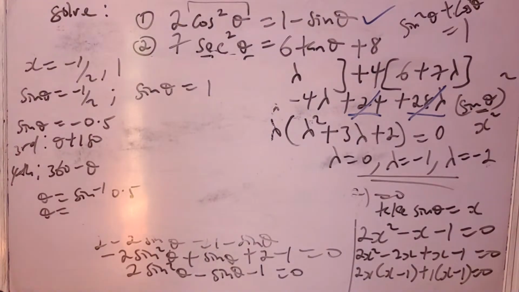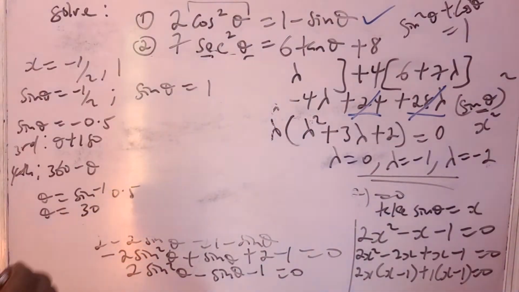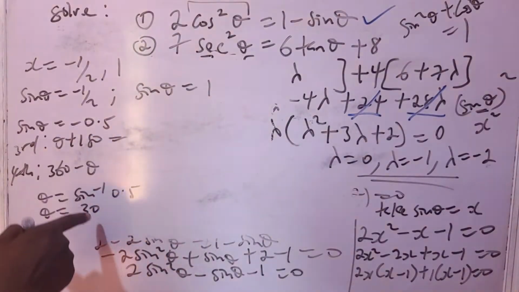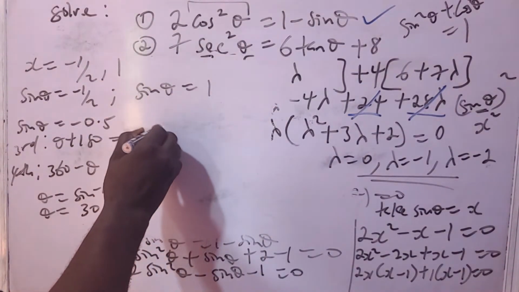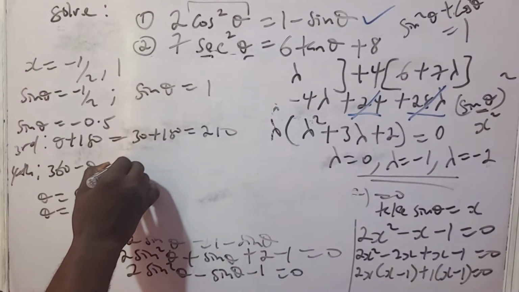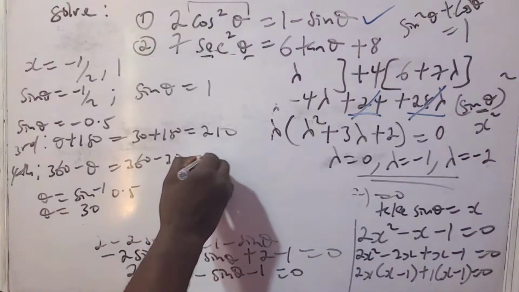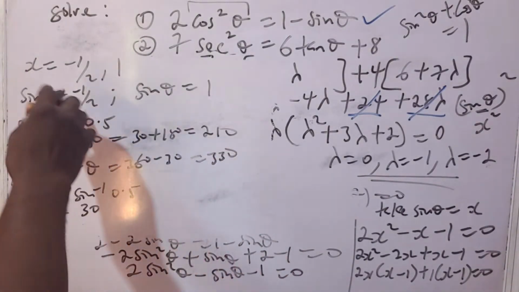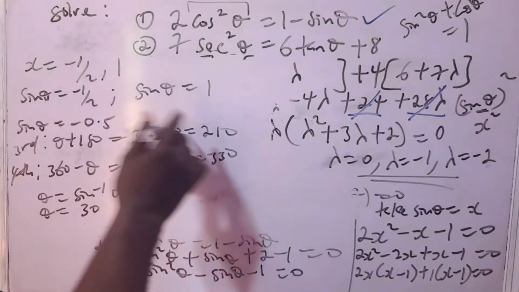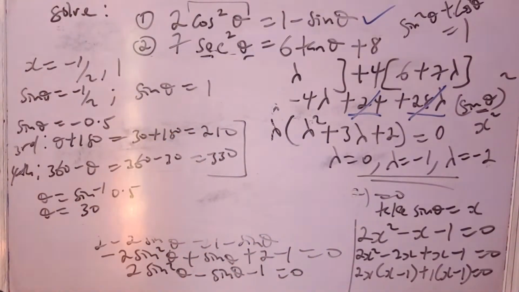Okay, that will be 30, right? Arc sine 0.5 gives us 30. So we come back here to use the value of 30. That will be 30 plus 180, which gives me 210, and then 360 minus 30 gives me 330. So for this aspect of things, our two values of theta are 210 and 330.